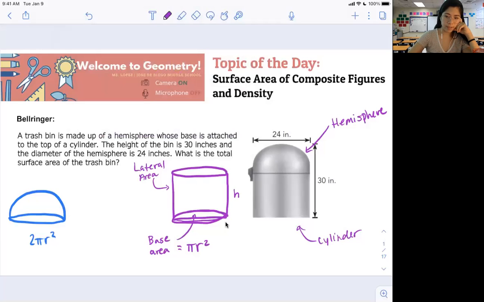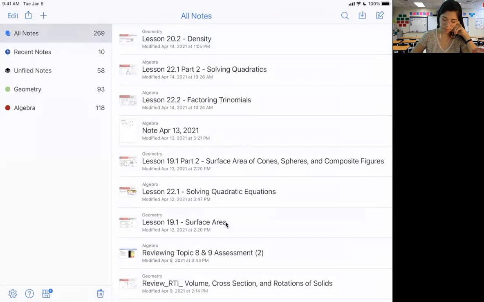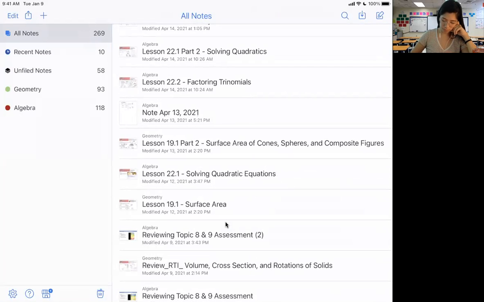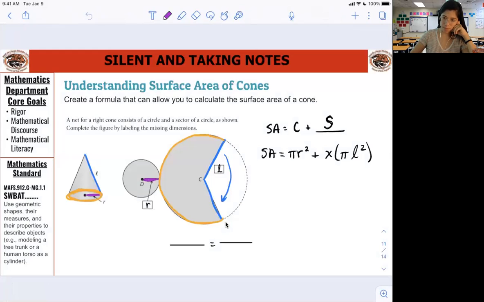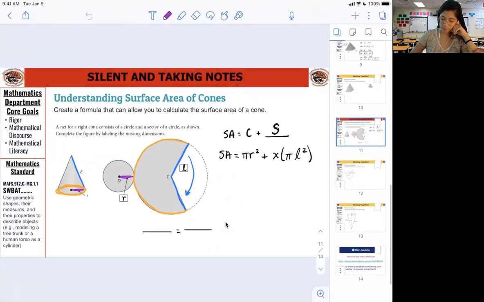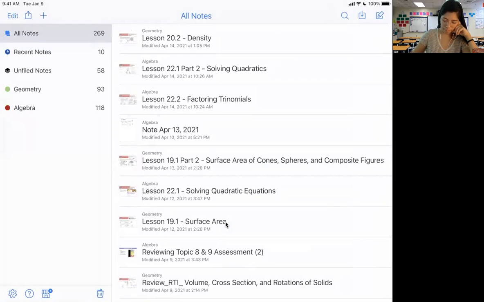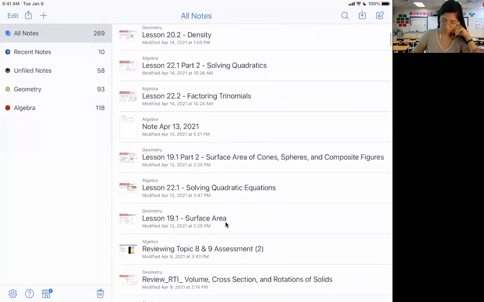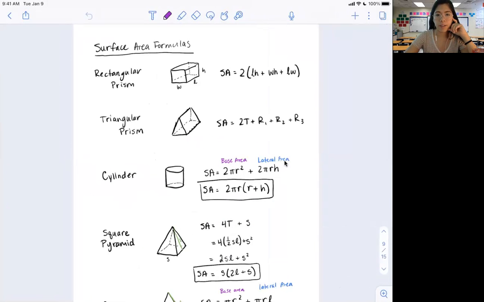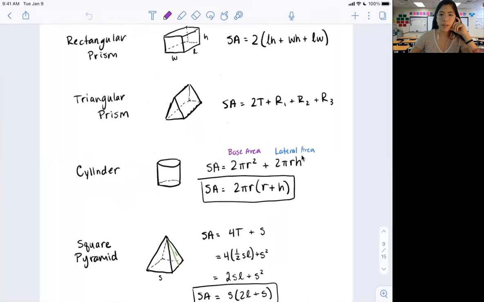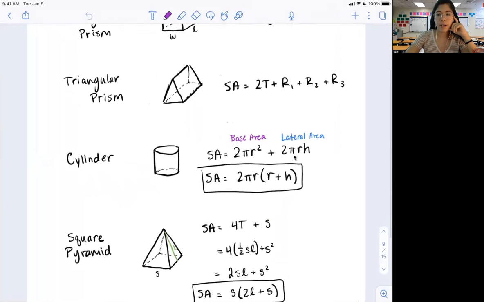All right, we're going back. No, it wasn't here. Where was it? Okay, here it is. We wrote it down. Lateral area, 2 pi RH. Yes, you were right, 2 pi RH.